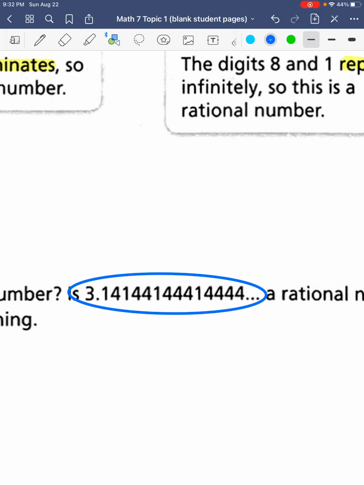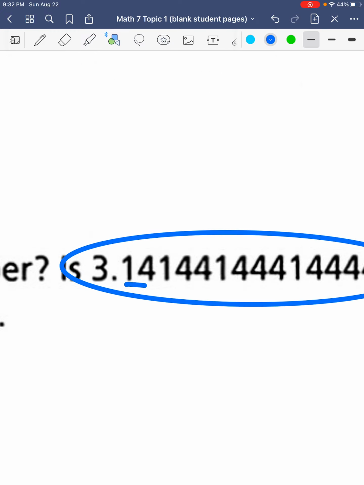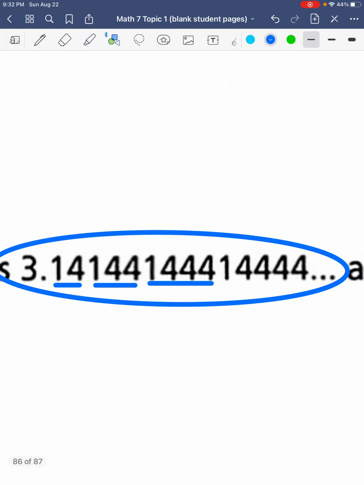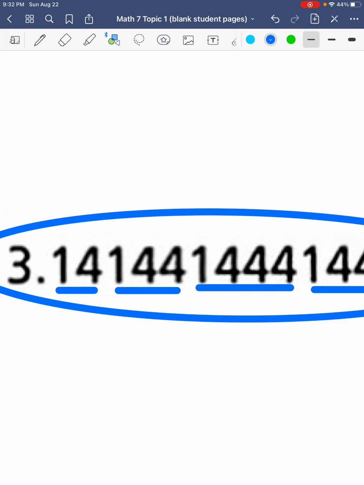Okay, it looks like it repeats, right? But when I look carefully, I've got 1, 4, 144. Notice I have one more 4 added. 1444. Again, now I have 3 4s. 14444. 4 4s.